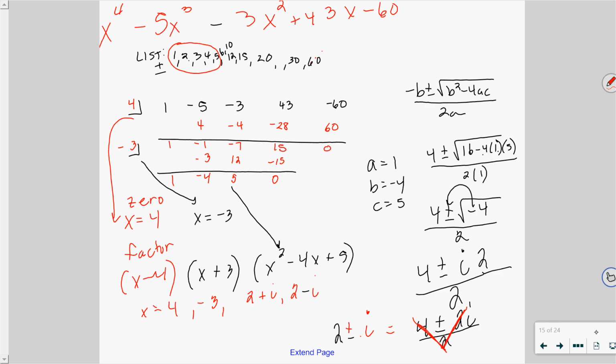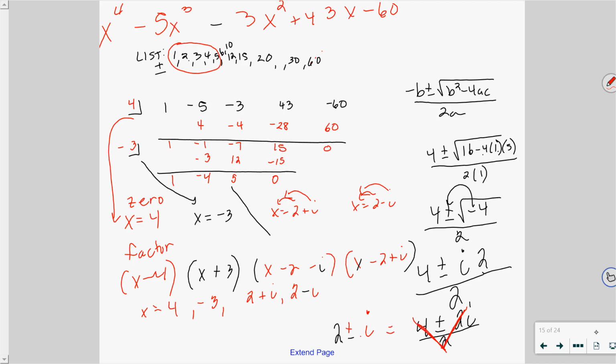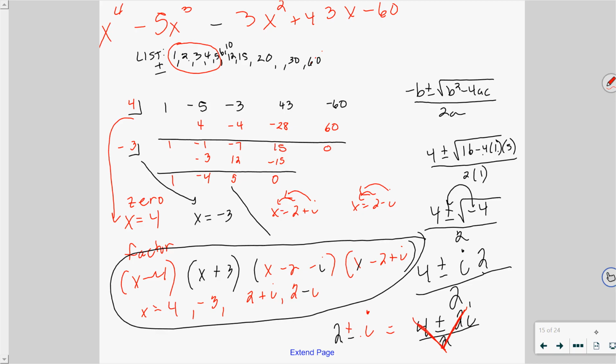So if my 0 is 2 plus i, if my 0 is 2 minus i, that means I can write the factor as x minus 2 minus i. I can write the factor as x minus 2 plus i. I've got my 4 parentheses. I've got my 4 zeros.